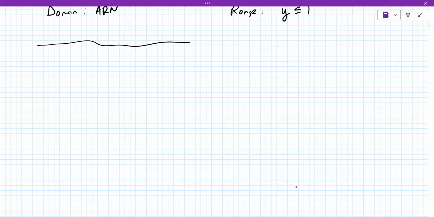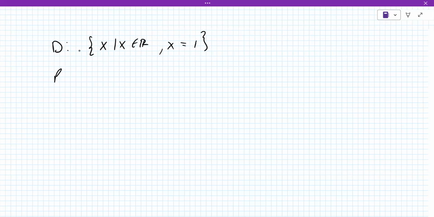The last question here is one of those working backwards things. Let's say I tell you that the domain is x such that x is an element of the real numbers, x equals 1, and the range is all real numbers. Is this a horizontal or a vertical line?